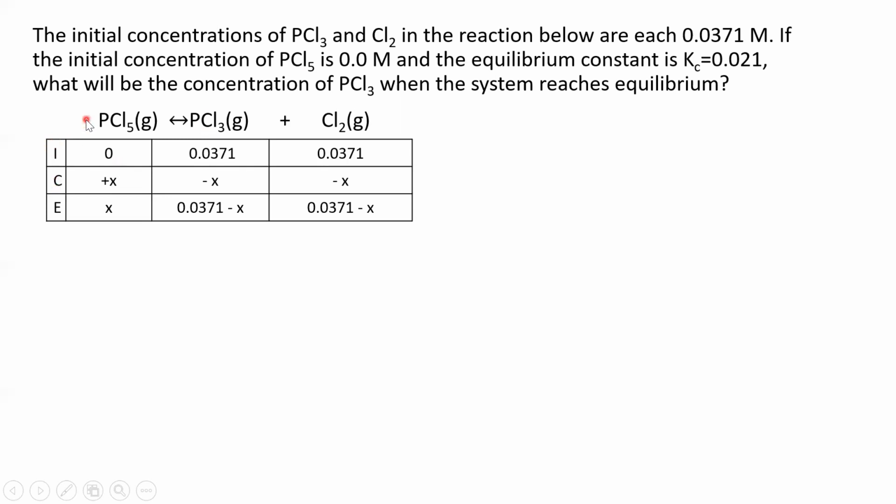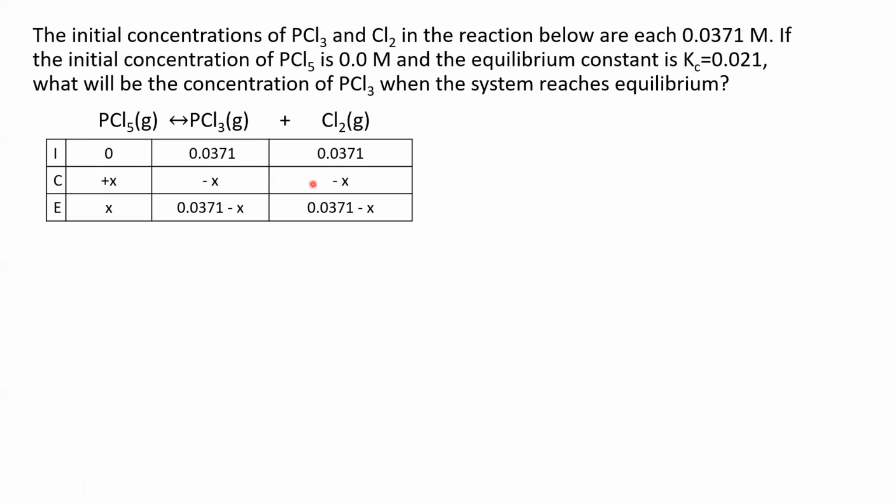The change, well, it's a 1:1:1 ratio, but look at the way the change is set up. We can't have any PCl5 reacting because we don't start out with any of it. But the PCl3 and the Cl2 are going to react. We don't know how much, but we know they're going to react in the same amount because it's a 1:1 ratio.